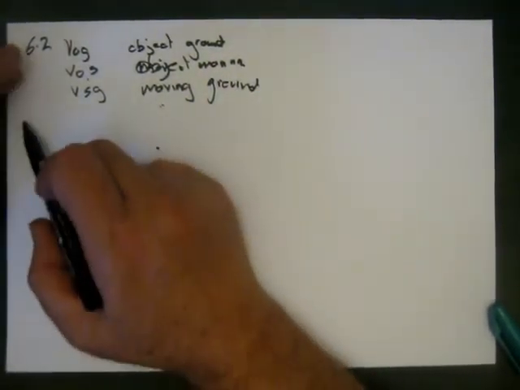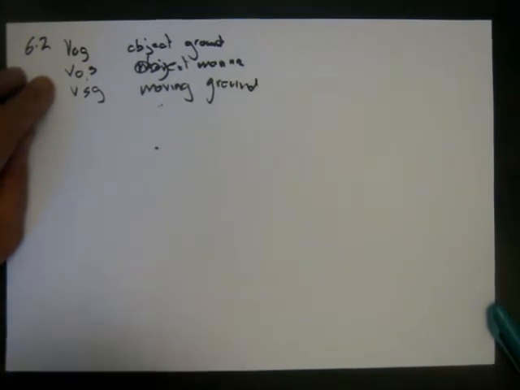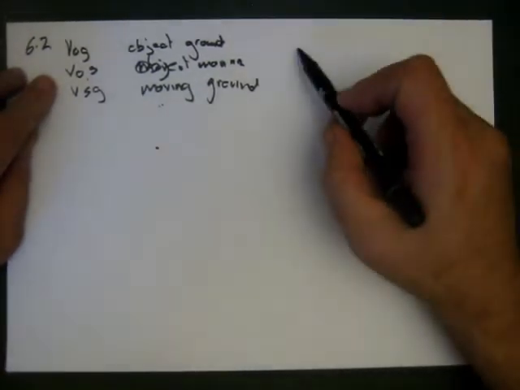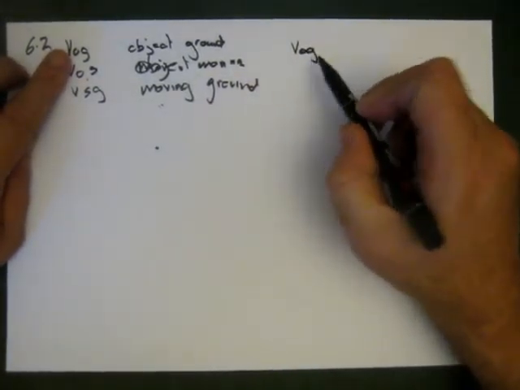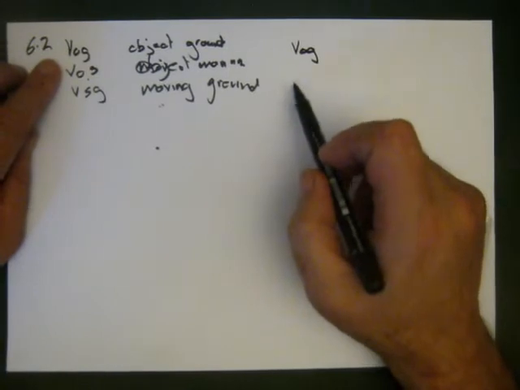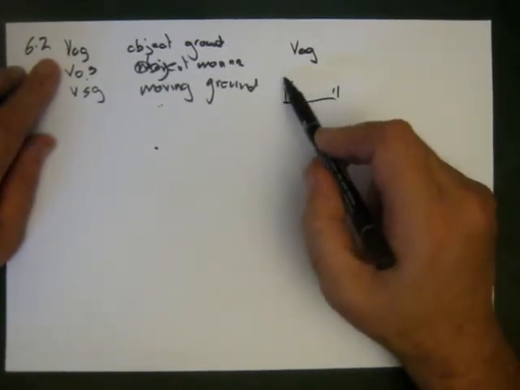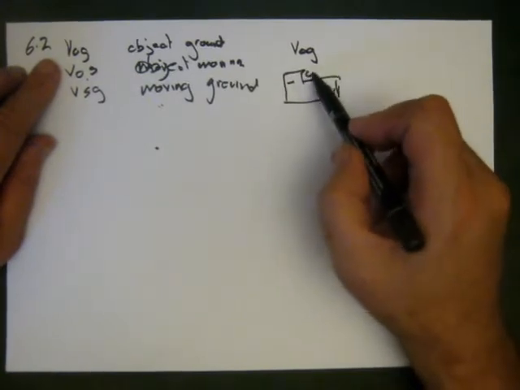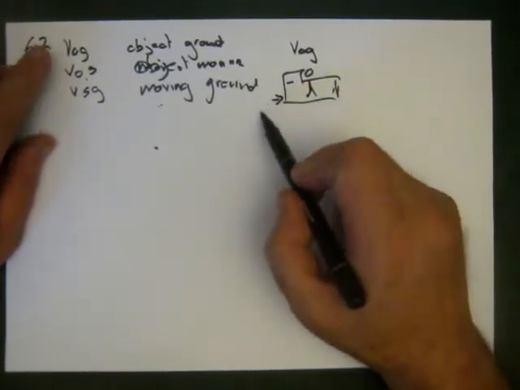So let's try 6.1. We can work out, for the standard Galilean transform, the velocity of the observer relative to the ground. If I'm on the back of a truck, this is me on a truck, this is S, the moving system.